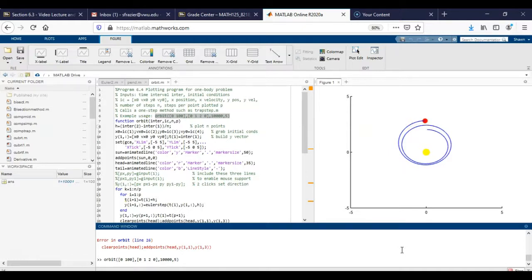So this is not a very good solution, because the error is too large. Euler's method is just an order 1 method, so the error here is going to be fairly large. After some time, you'll see that it just continues to spiral away from the sun.